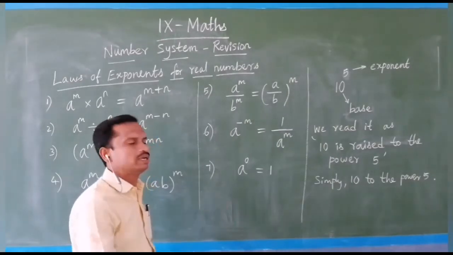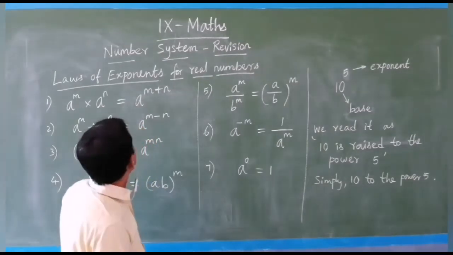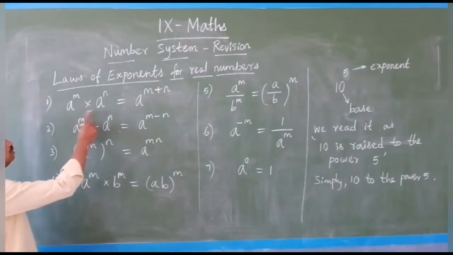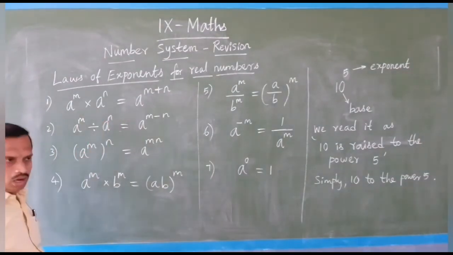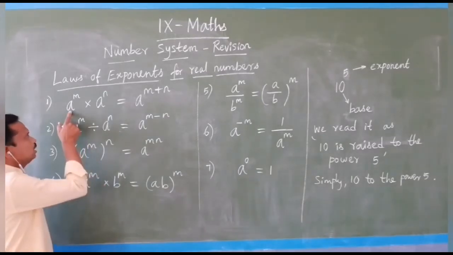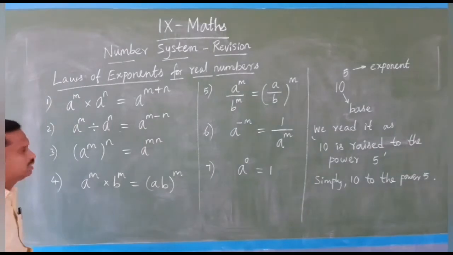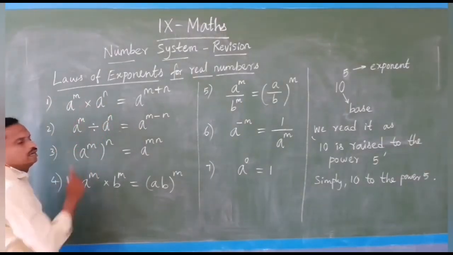So using exponent we are discussing, so it is called laws of exponents. So these are the laws. The first one is called product law. You see here a is the base and exponent is m, and we read it as a power m into a power n.